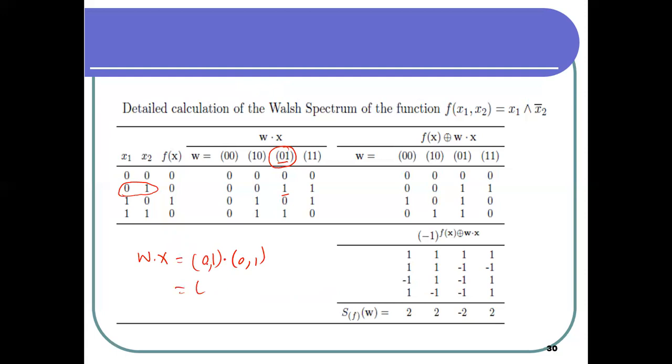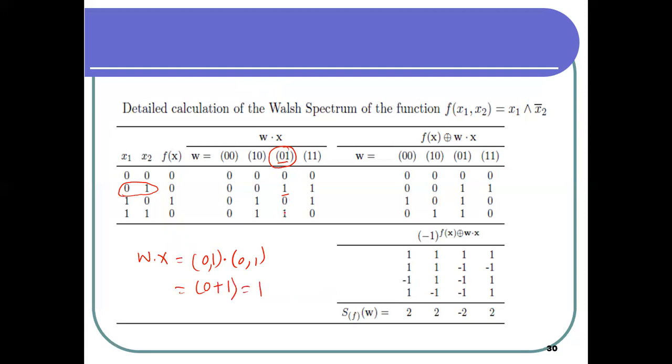So in the dot product, the corresponding elements are multiplied: 0, then 0, then I take the dot product, so 0, then 1 with 1. So this is 1, so I get this.